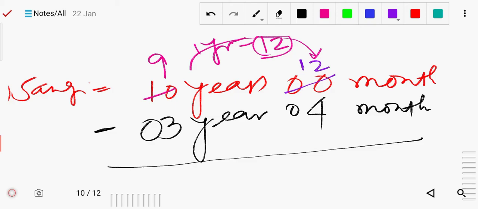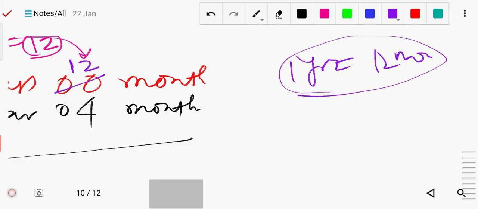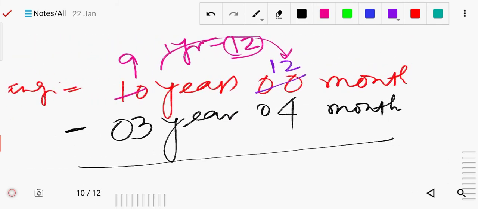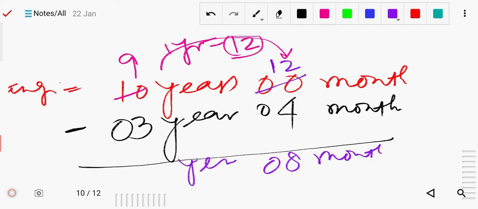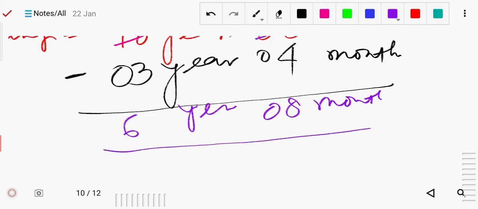In 1 year how many months? 12 months. 1 year equals 12 months. So that is the same concept we have used here. So 12 minus 4 is 8 months. Now this side is the year part, here 9 minus 3, which is 6. So your answer is 6 years and 8 months.